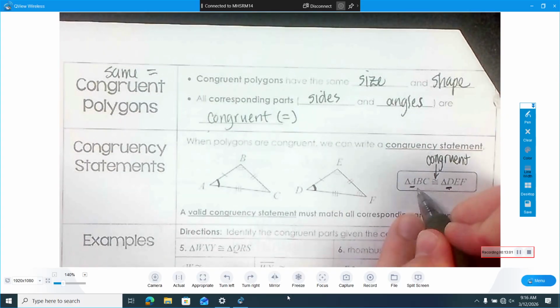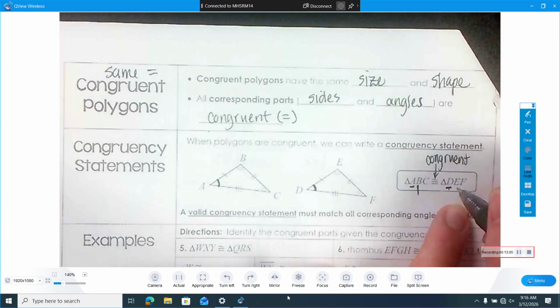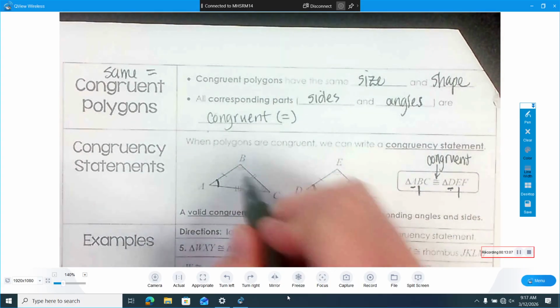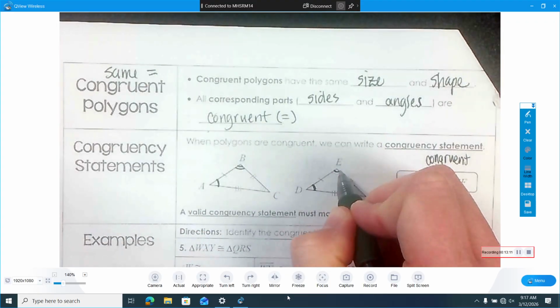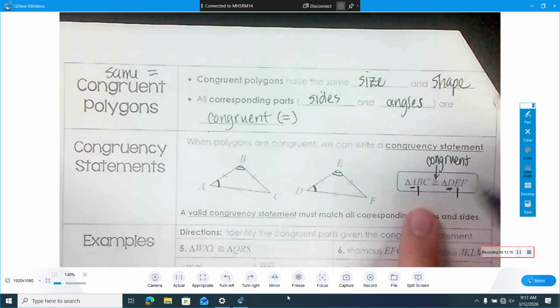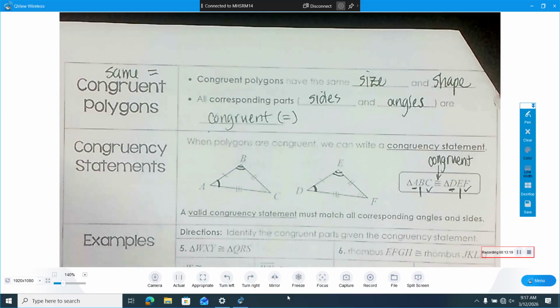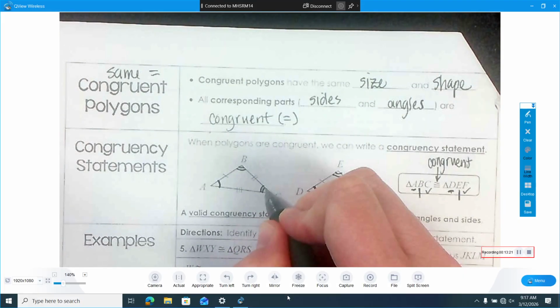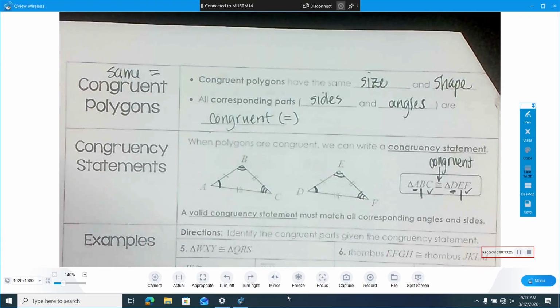In the second position, we have B is congruent to E. And you can see in our picture here, B has a double arc mark and E has a double arc mark. They're the same. And in the last position, we have C is congruent to F. And so again, you see that they are triple arc marked. Those are matching arc marks, and so those are matching angles.